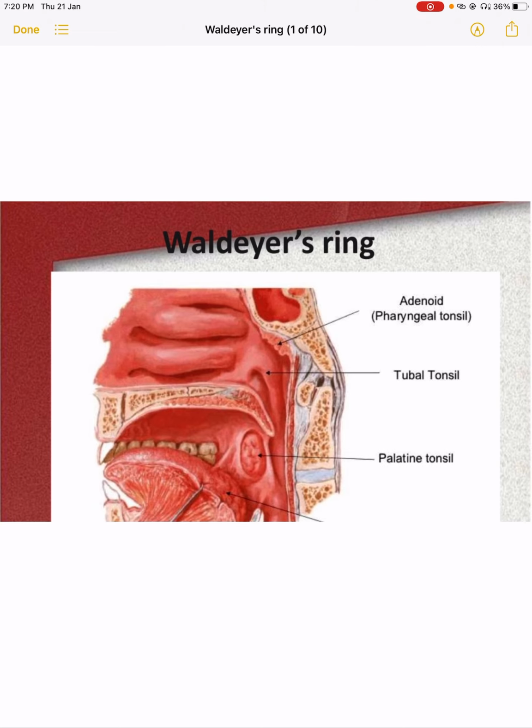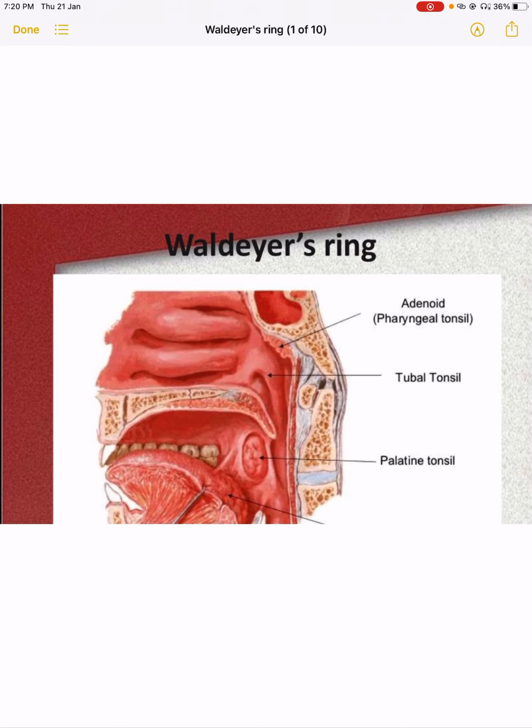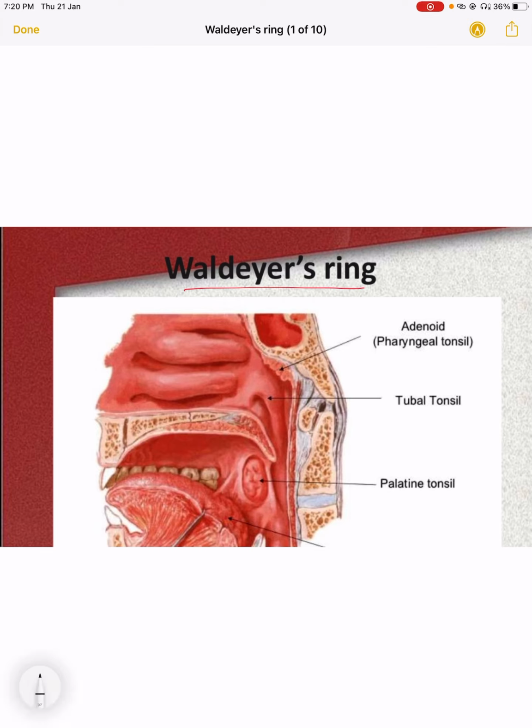I have already told you what Waldeyer's ring consists of. These are the adenoids. I have told you this is single. Okay. The tubal tonsil is bilateral, present above the eustachian tube. This is the eustachian tube, and the tubal tonsil is present here. Fine. Then comes the palatine tonsil.